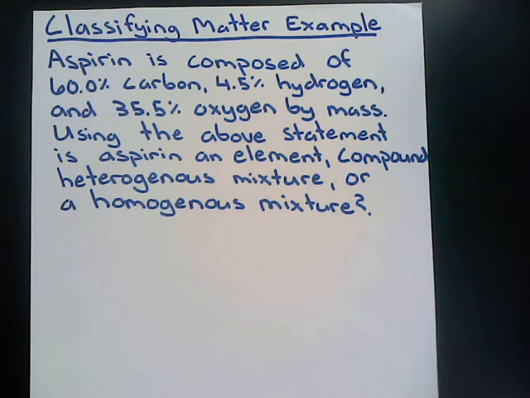Using this statement, we want to know, is aspirin an element, a compound, a heterogeneous, or a homogeneous mixture? So we first say, is it matter? Well, yes, because it occupies space and has a mass.